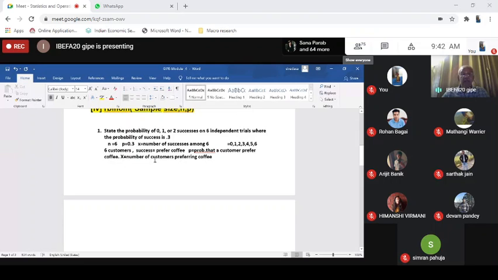And X is number of customers preferring coffee, a counter example. So the sample of customers is 6.